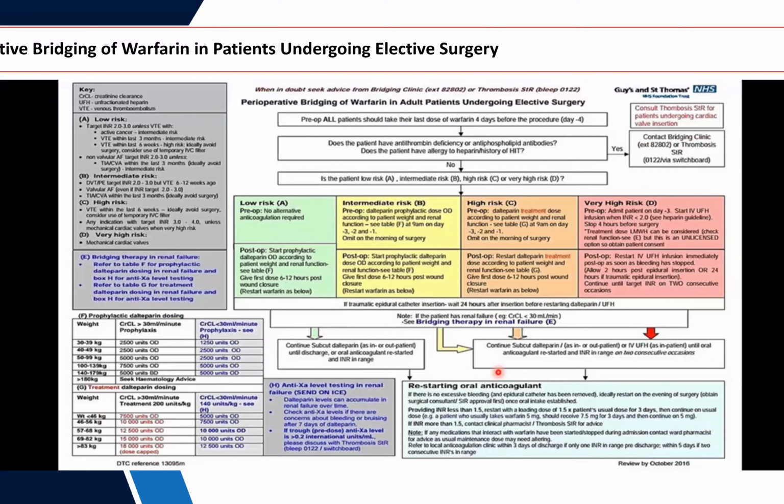So there will be a different protocol, formulated and ready in the unit. We have to always follow the unit protocol. This chart is for warfarin. Similarly, there will be different charts for rivaroxaban or dabigatran. So this is applicable to warfarin in this unit. So we have chosen.